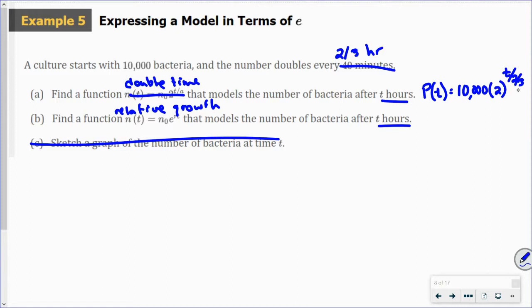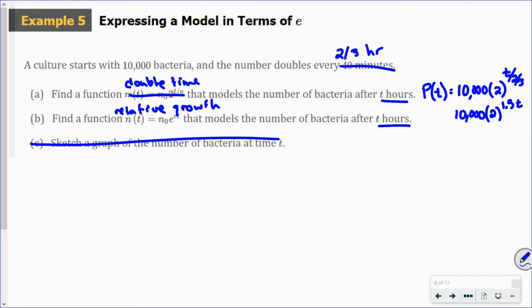Dividing by 2/3 is the same as multiplying by 3 over 2, which is 1.5. So you could write this as 10,000 times 2 to the 1.5t as well. Both of those are accurate equations.